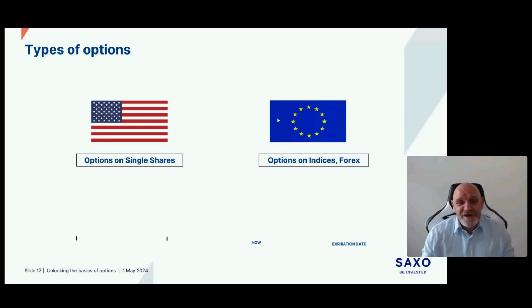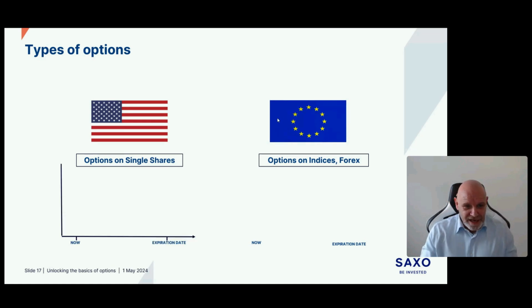It's just a name. There surely will be a reason why they made that distinction, but in short, it means that American style options are the most common if you have options on shares.